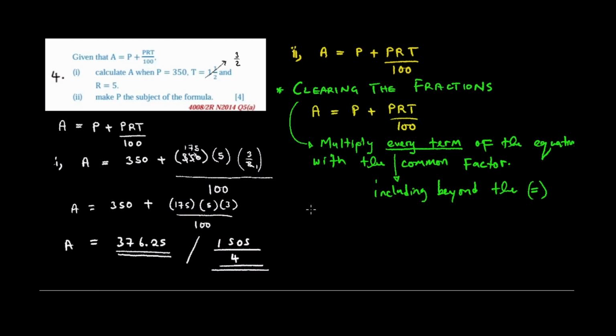What I mean is A is equal to P plus PRT over 100. To clear the fractions, we see that we want to remove this 100. So we multiply this term by 100. We also have to multiply this term.